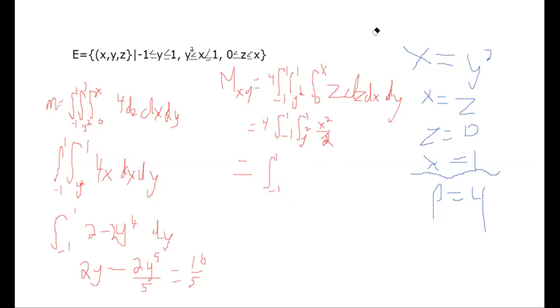So we're going to get x cubed over 3, so 1 over 3 minus y to the 6th over 3. And then finally, we integrate this with respect to y. And we're going to get 2 times y over 3 minus y to the 7th over 21.